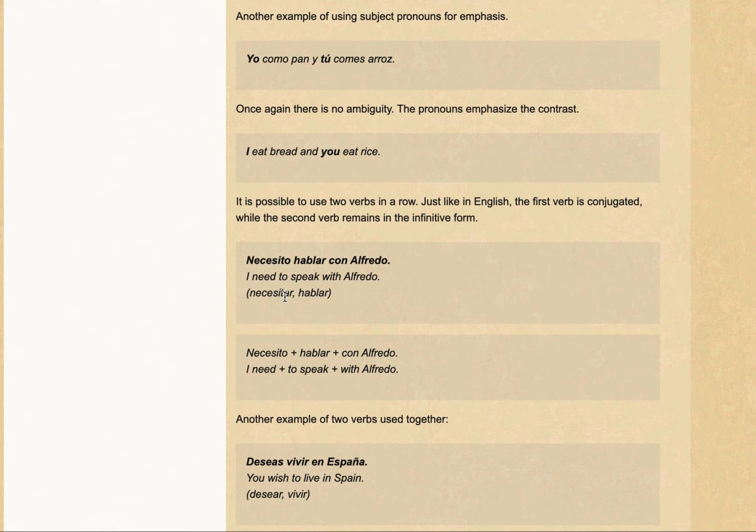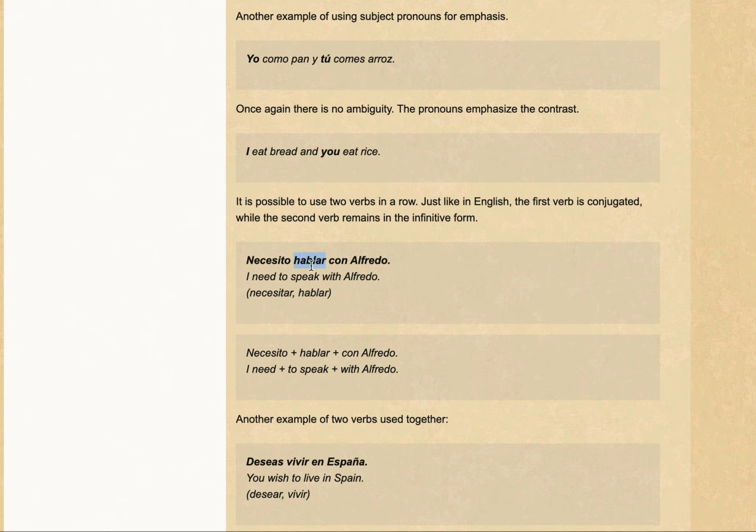In this case, we drop AR, and since we're looking at yo, the I perspective, anything with yo you'll add an o, irrespective of the form of the verb. That's why you add an o: necesito. That's why it's conjugated.